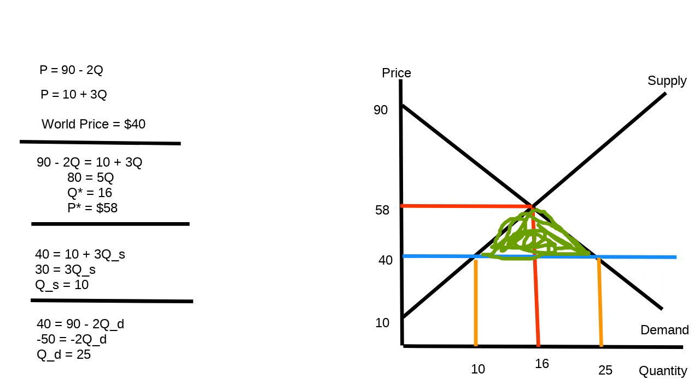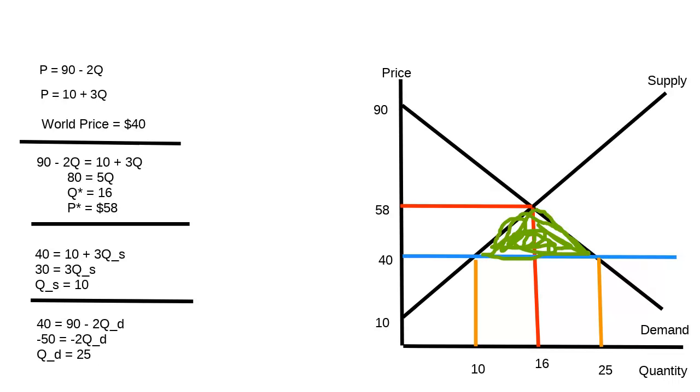All right, now we have all our pieces, so we can calculate the gains from trade, which is going to be P star minus the world price times imports times 1/2.